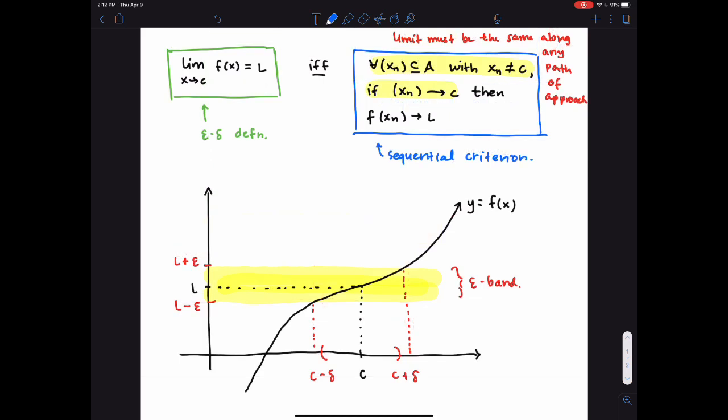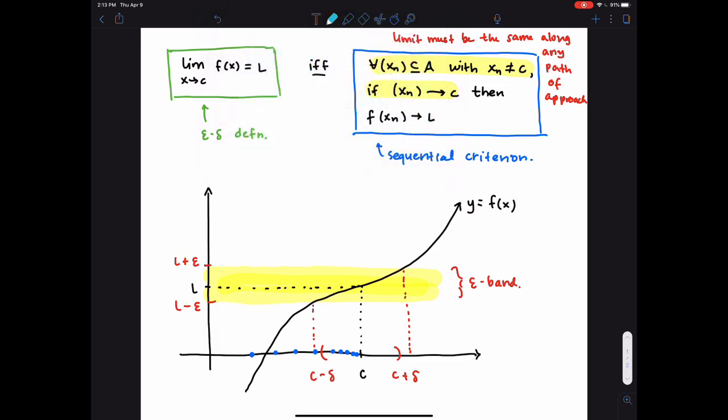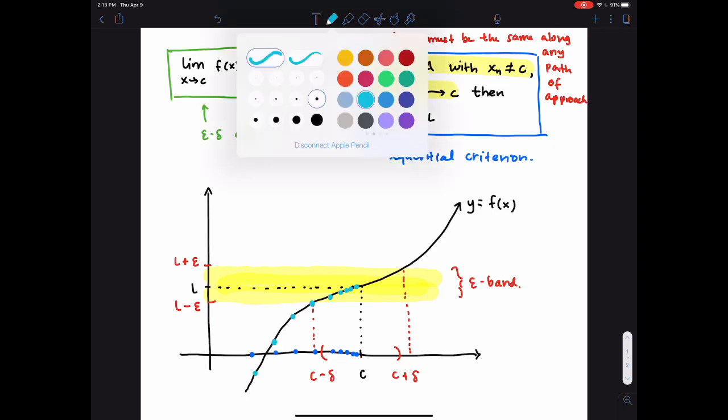I could reconceptualize the limit of the function. I could take this picture and think of it in terms of sequences instead. It would have to be such that no matter what path of approach of inputs I select that go towards c, say something like this could be my sequence going towards c, I should find that my output sequence, the values associated with each of these x values that I've selected, should be approaching L as a sequence.